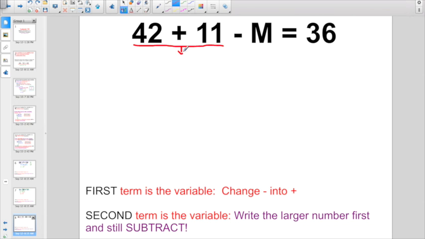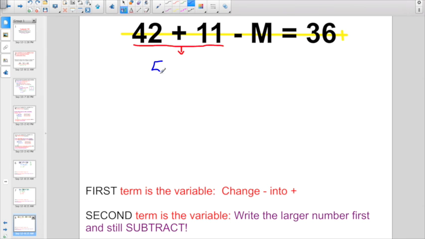I'm going to go and get my answer first. When we read equations, we read left to right. The first thing I run into is these two terms that I'm trying to combine. I don't want to write 42 plus 11 over again. Combine them. Write down what the answer is.